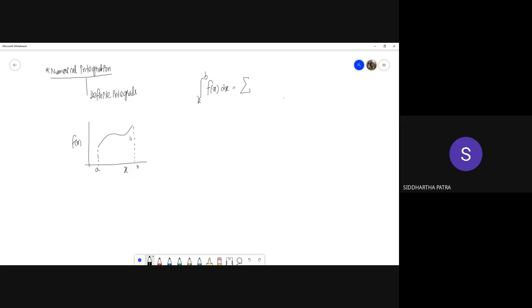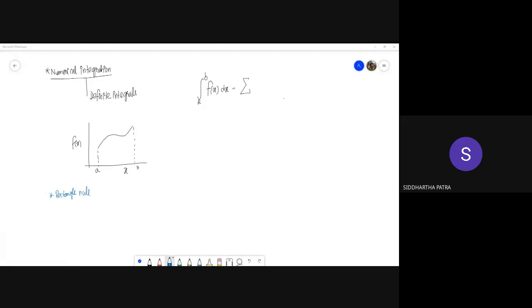And if, let's say, this is an arbitrary nonlinear function, you can employ one method called, let's say, the rectangle rule. In the rectangle rule, this is what we do. We take a point, let's call it x star, and that x star is the midpoint between a and b.